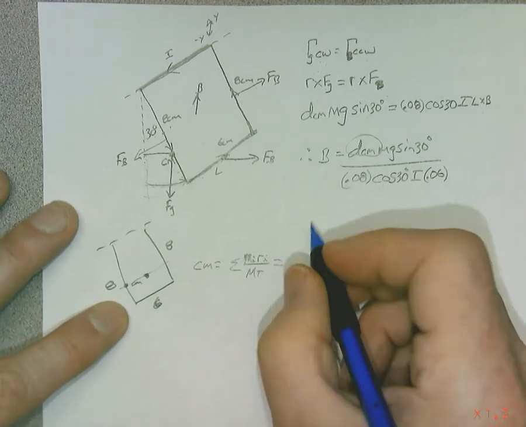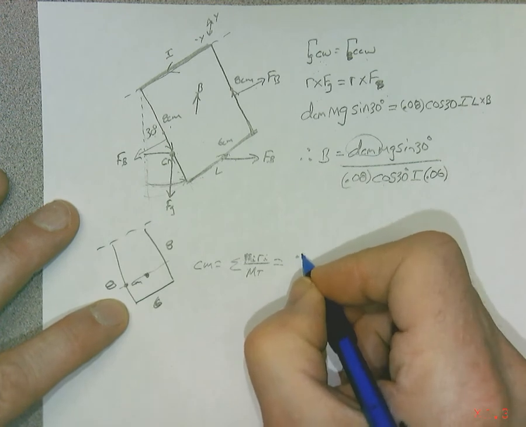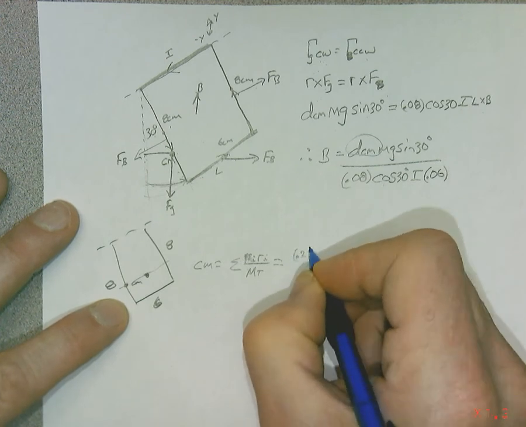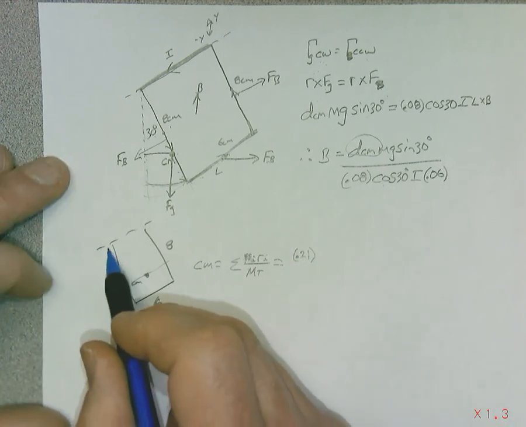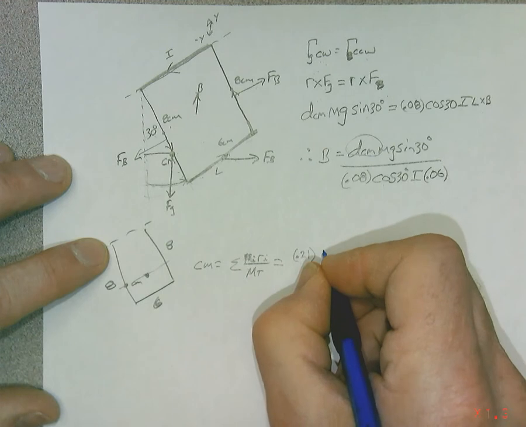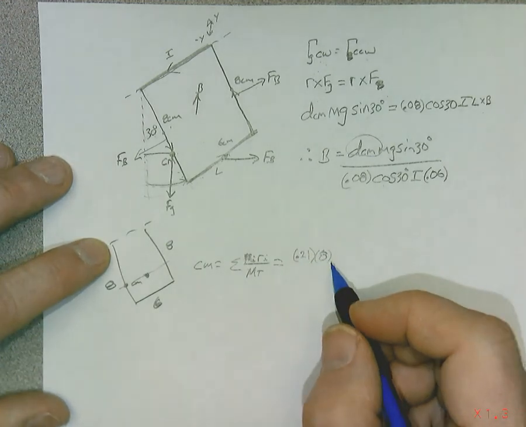We have, the problem said, at least for mine, might be different for others, 0.21 grams per centimeter. I'm looking at this line here right now. It's 8 centimeters. I'll just write 8 instead of 0.08 because centimeters should all divide out.